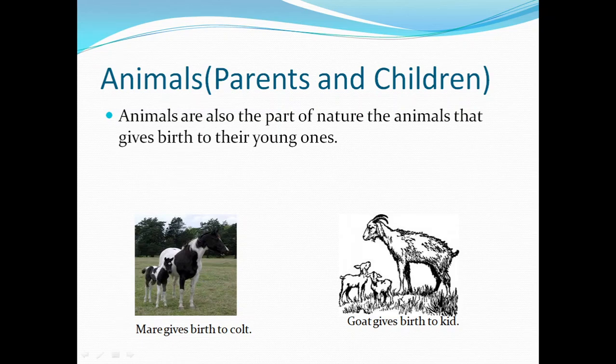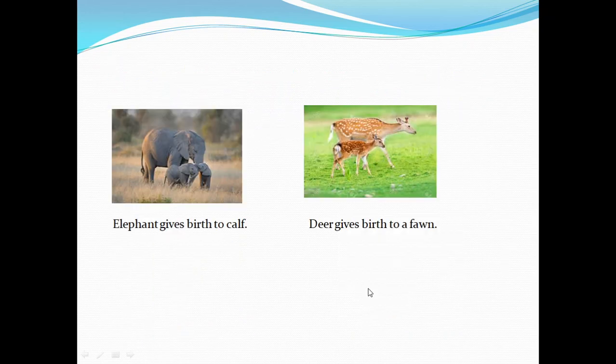Goat gives birth to kid. The baby of the goat is called kid. Then elephant gives birth to calf, right? Deer gives birth to fawn. In the same way, we got cat gives birth to kitten.